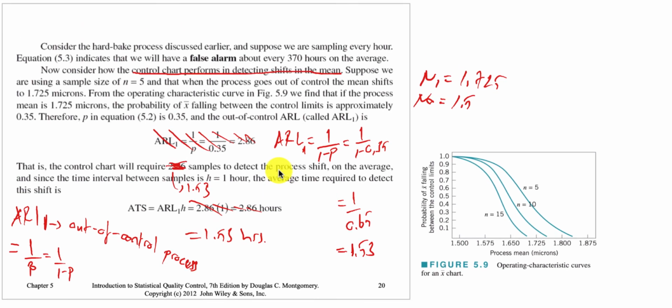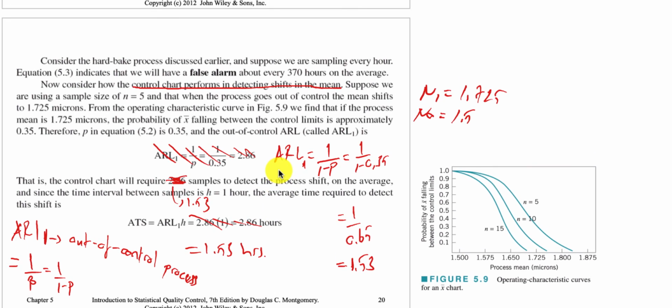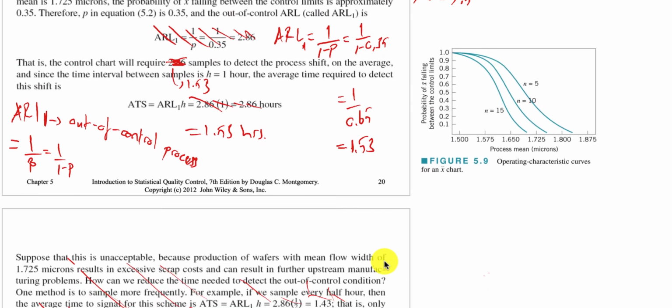So the samples will be out of control points much more, actually much more. So average run length will be 1.53. So it will be reduced to that value from 370 to 1 point something. So we are going to get much more out of control samples.